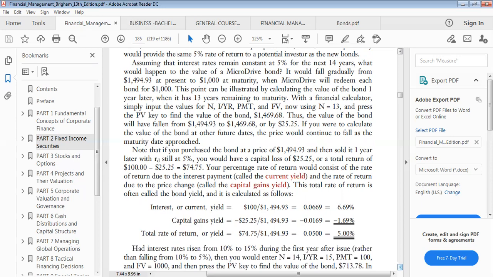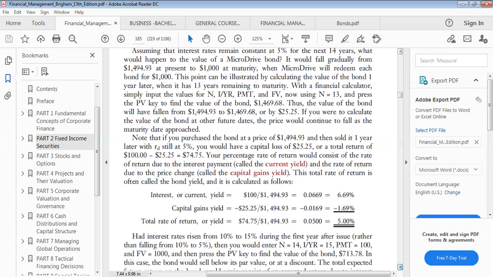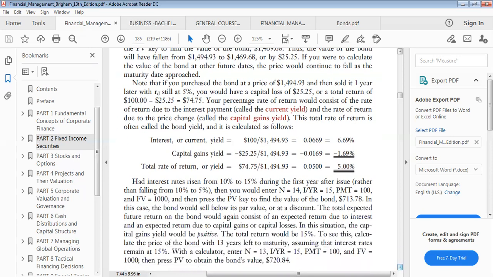And the capital gains yield is the capital loss, in this case, divided by the bond price, and then you get the answer for your yield.